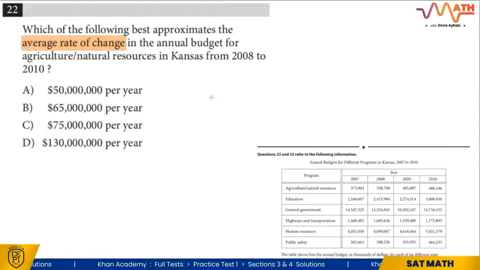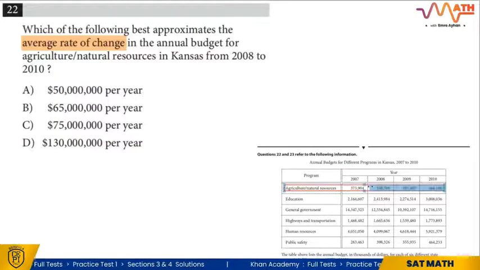So here, let me highlight. We are talking about agriculture natural resources, and from 2008 to 2010.